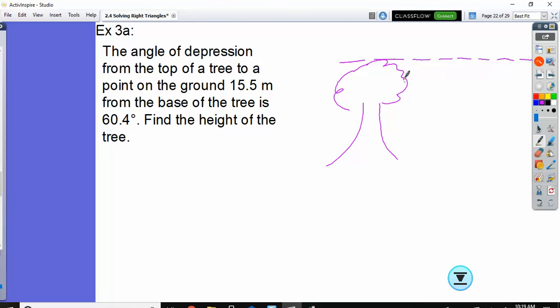From there going down, this angle is the 60.4 degrees. Okay, it's going from the top of the tree to a point on the ground, 15.5 meters from the base of the tree. So this distance from here to here.